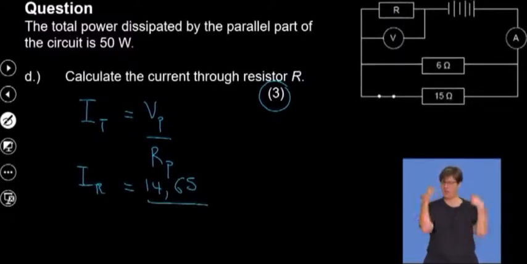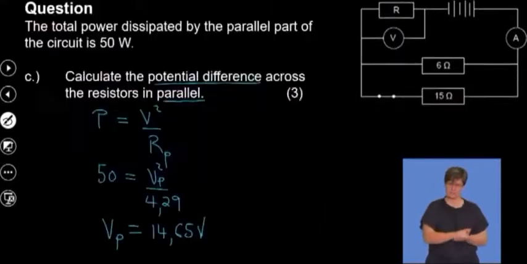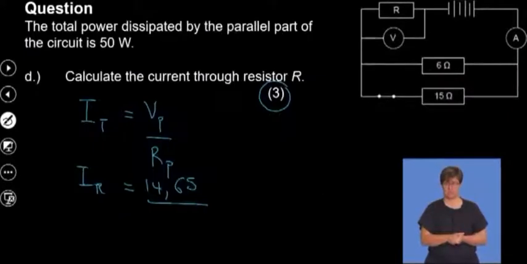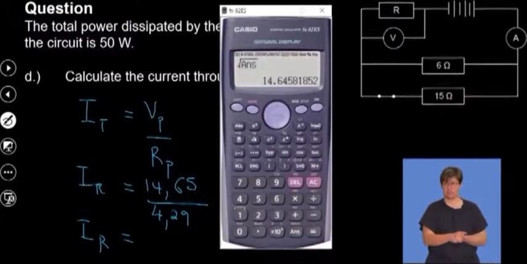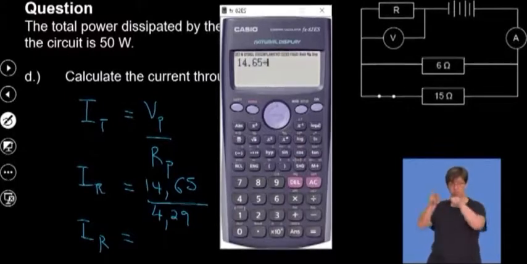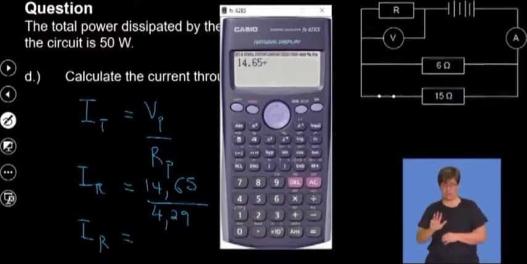What did we get for R parallel? We can quickly verify that value. For our R parallel, we get 4.29 ohms. So this is the current that will go through resistor R. That was the thinking. Now we go to our calculator. We've got 14.65, and we divide that by the effective resistance of the parallel combination, which is 4.29.